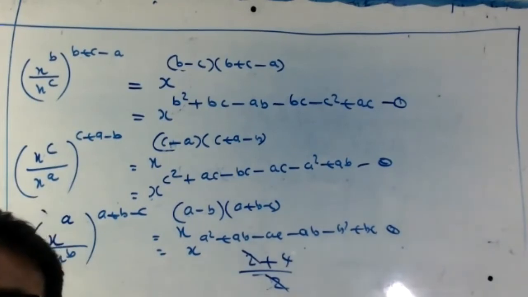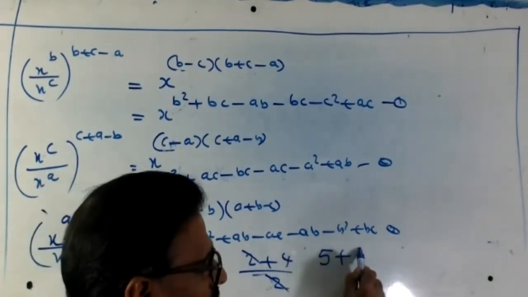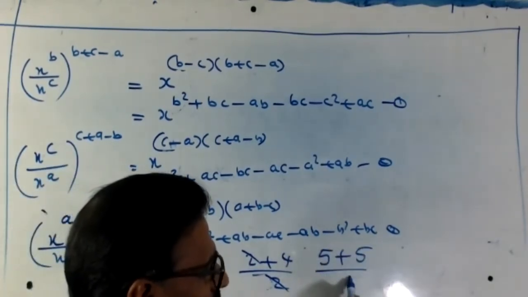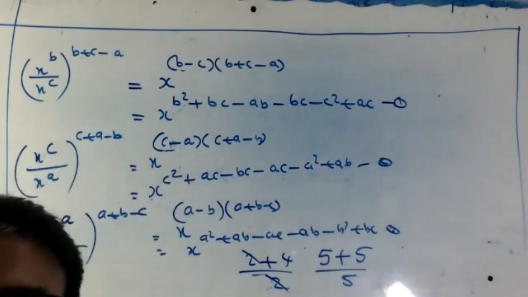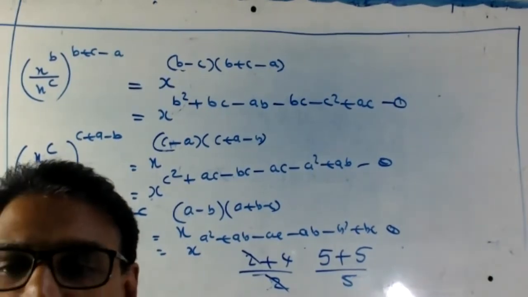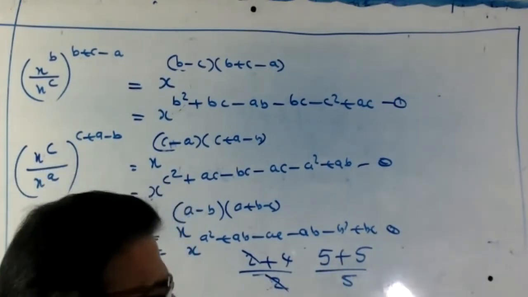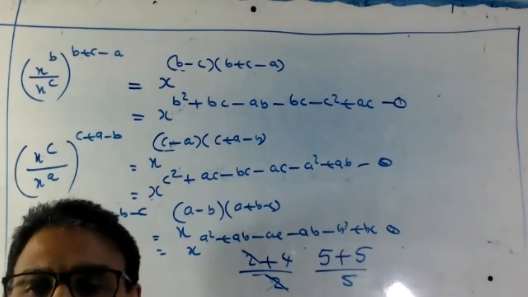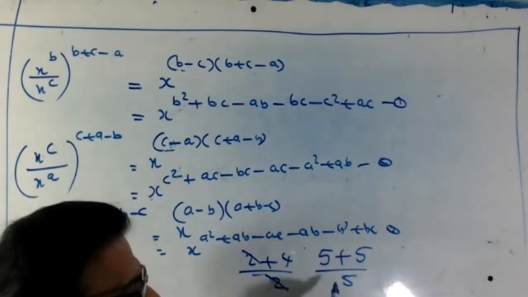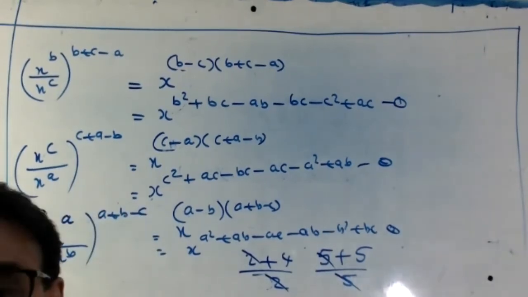Okay, 1. 5 plus 5 divided by 5, what's the answer? 5 plus 5, how much? 10. 10 divided by 5, how much? 2. You feel this one cancels? No. The same mistake. Clear now?